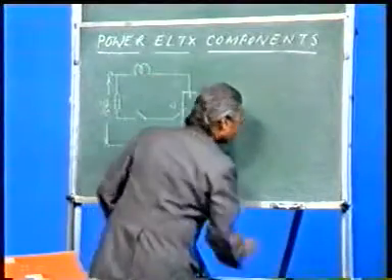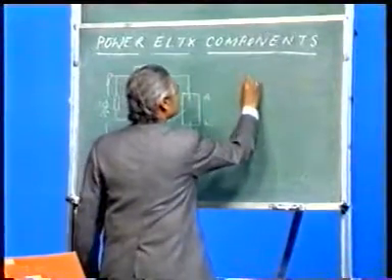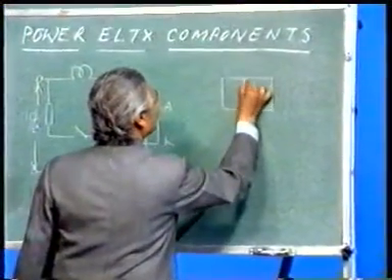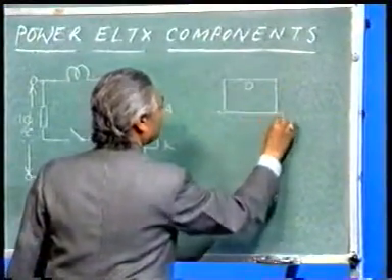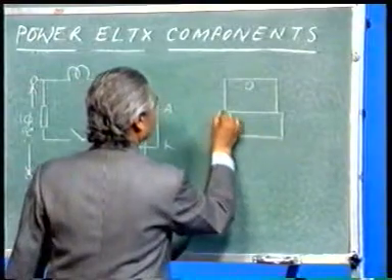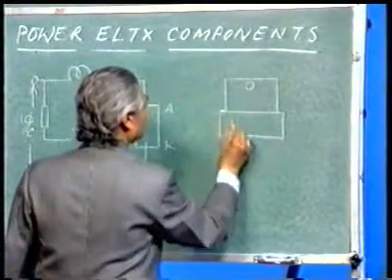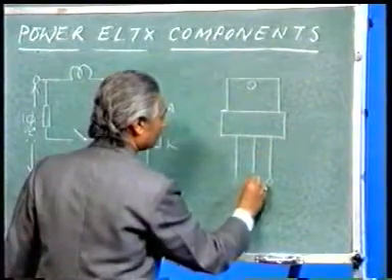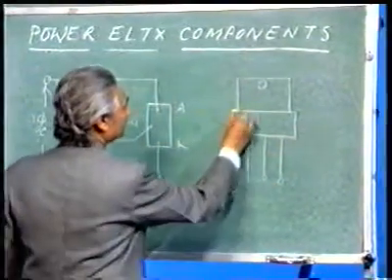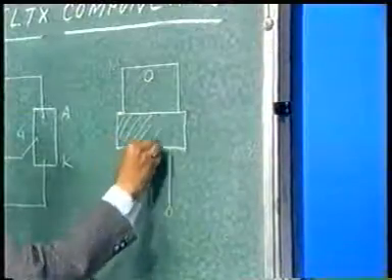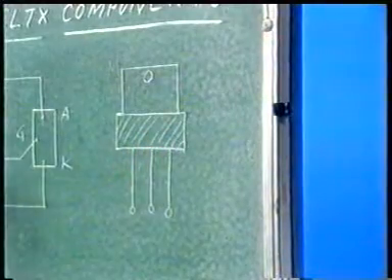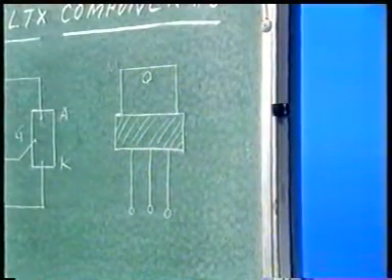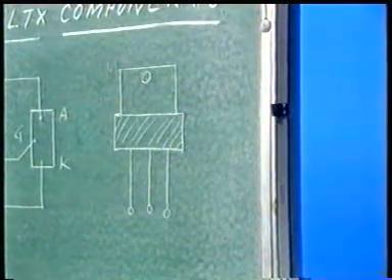Triac looks like this. 3 terminals coming out, and this is the plastic pack. You remember, it looks like a plastic pack SCR, and there were also 3 terminals. Here also you have 3 terminals.